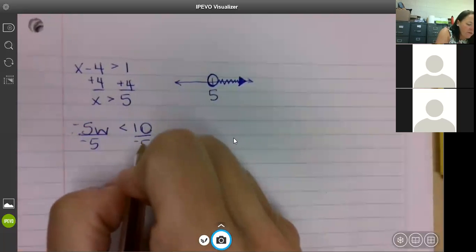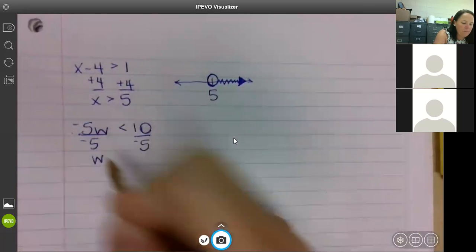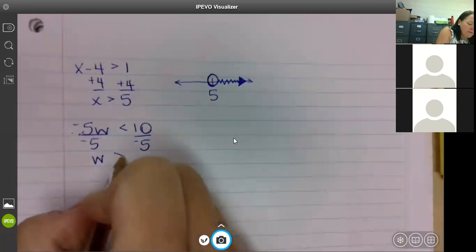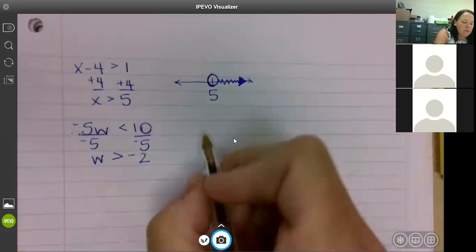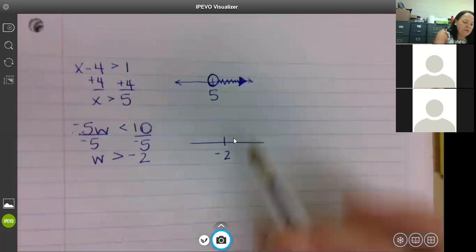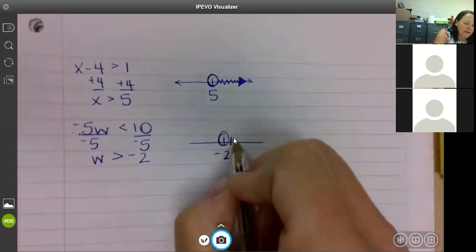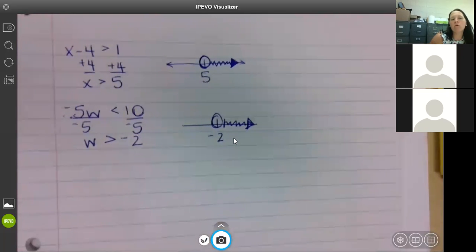What happens when we divide by a negative? You have to flip the inequality. So flip that inequality and we get w is greater than negative 2. When we graph it, because it's not equal to, it's an open circle, and again, it's pointing to the right. If I'm going too fast or you have questions, just interrupt me, okay?